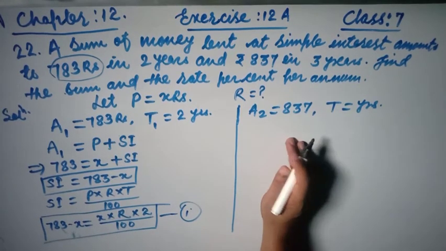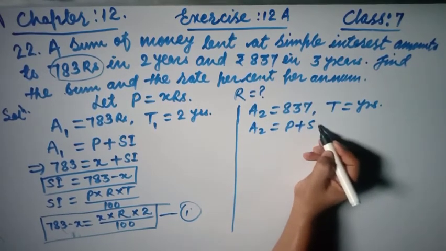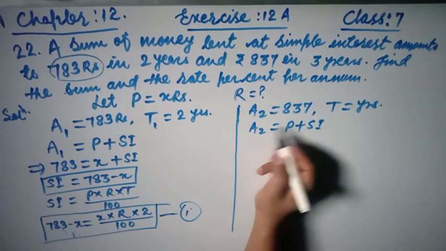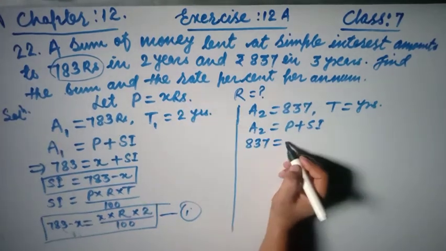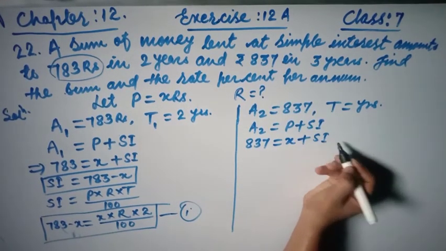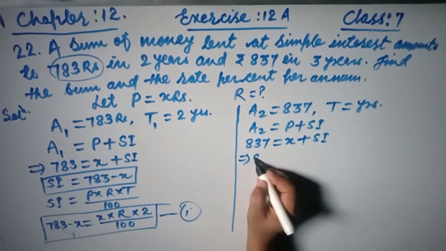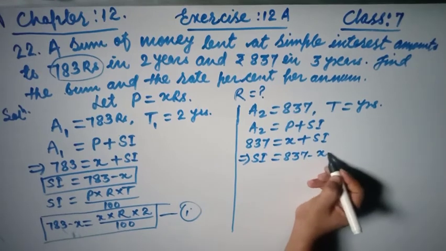Now for the second condition, A2 means amount is equal to P plus SI here. So A is given here as 837, P is x because this x is the same in both the conditions, and SI as it is. Now here, friends, SI becomes 837 minus x.